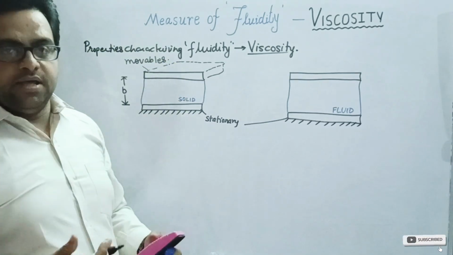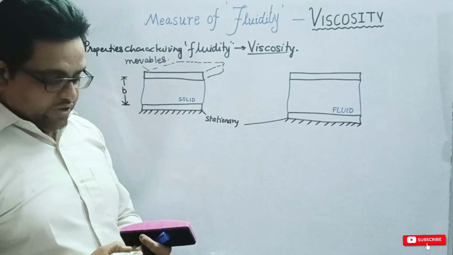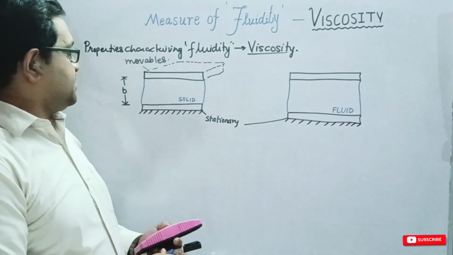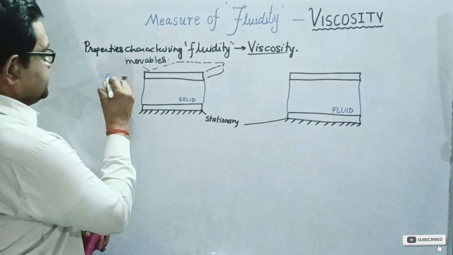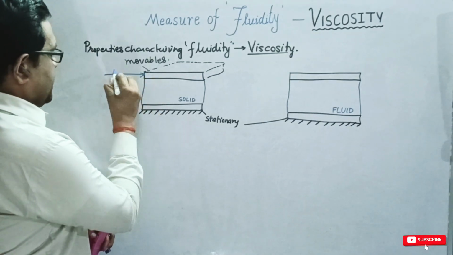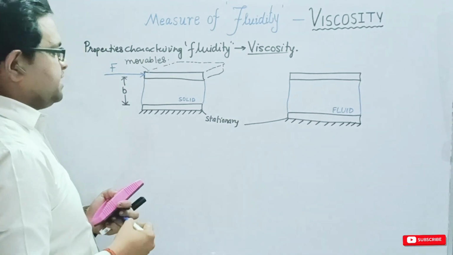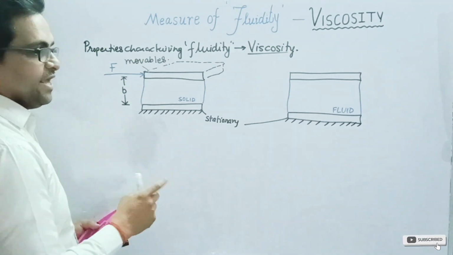Now what will happen when a shear force, say F, is applied on the above plate? We will consider that a force F is applied on the above plate. In both the cases we will do the same. First, let us try to see what happens in case of solid.